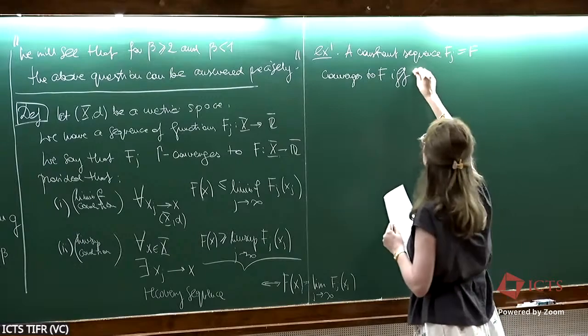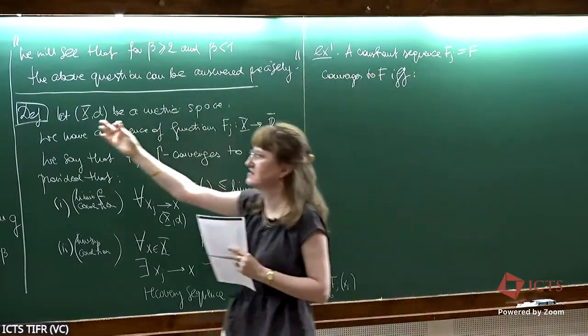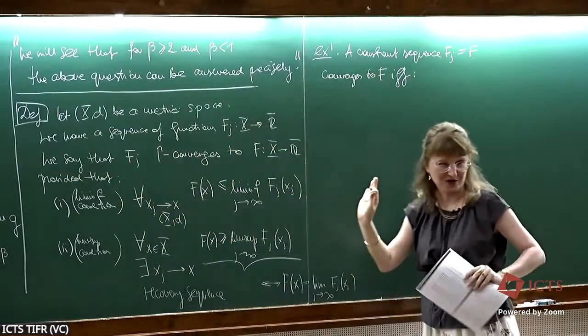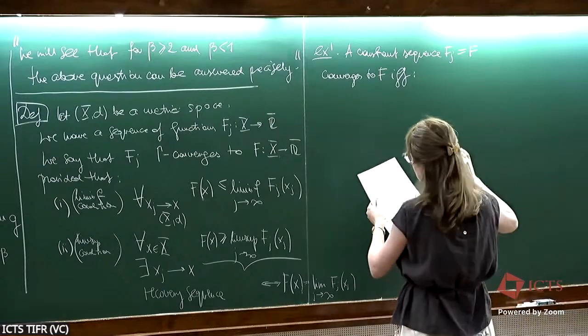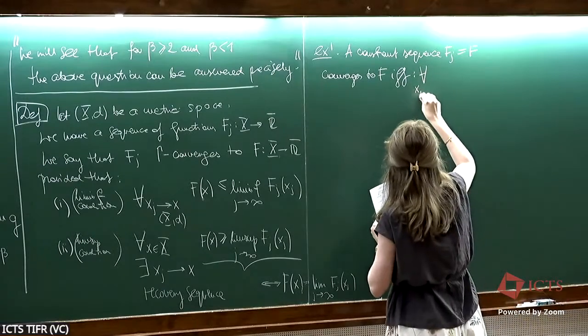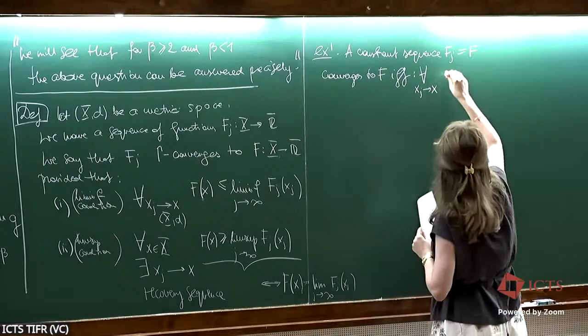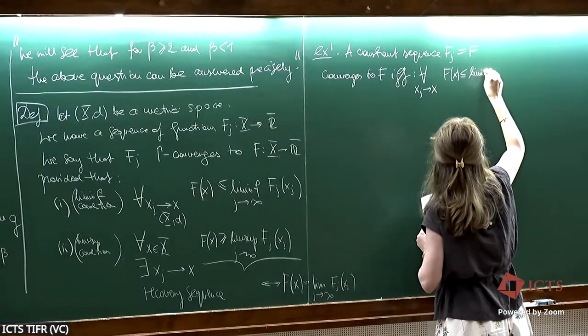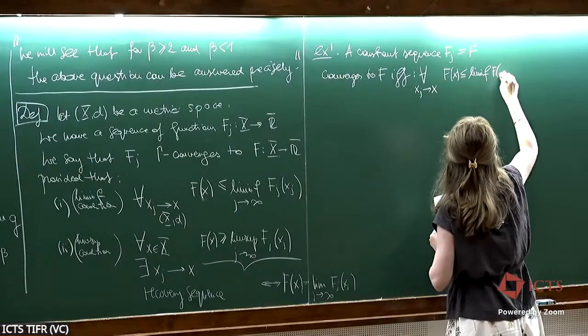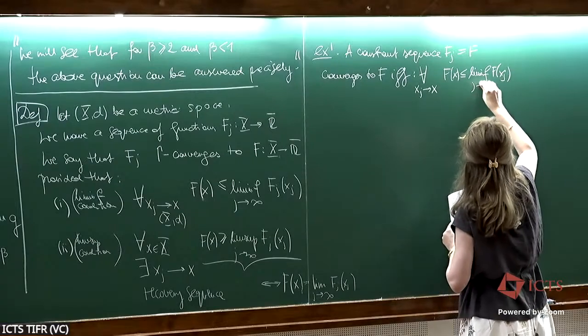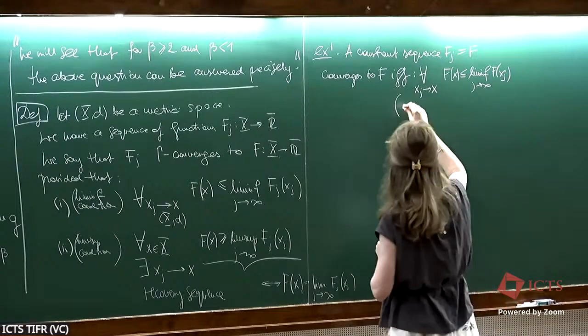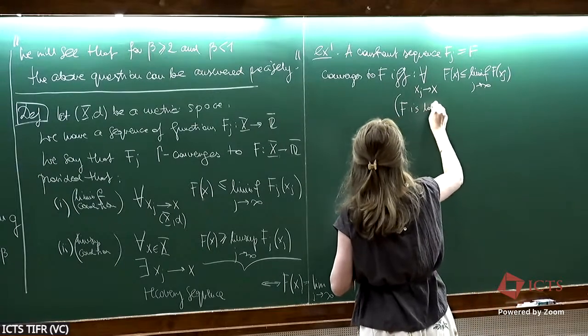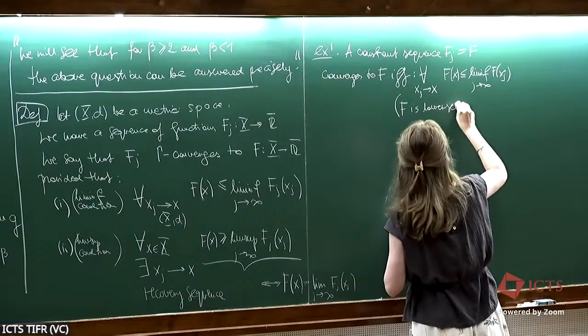So if and only if, of course, I leave it as a homework. I don't want to waste time, but it's very, very simple. If and only if for every x_j converging to x, F(x) is less or equal than the lim-inf of F(x_j) when j goes to infinity. Okay, so this property means F is lower semi-continuous.